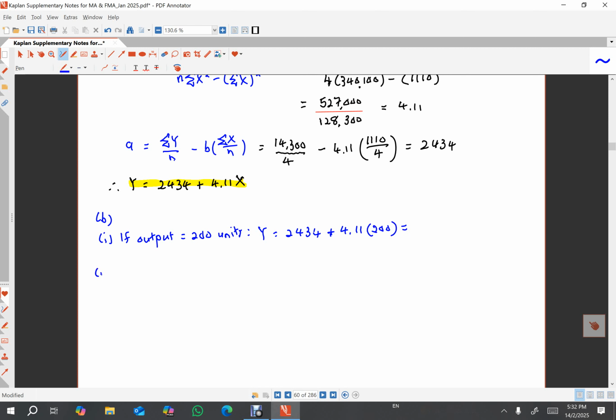If 500 units, just replace the x with 500.